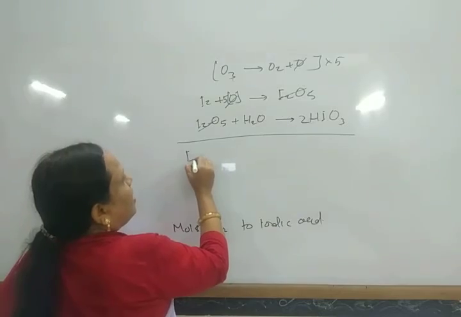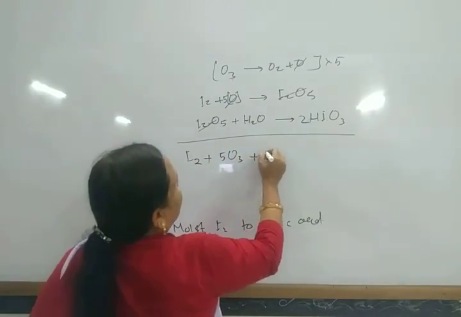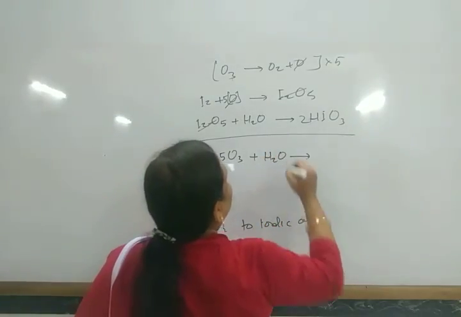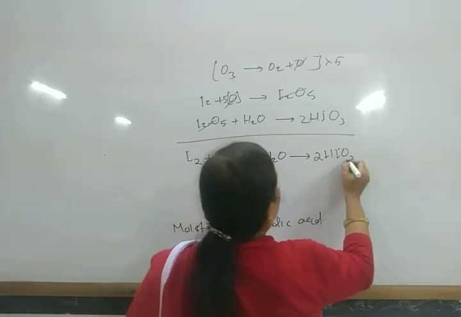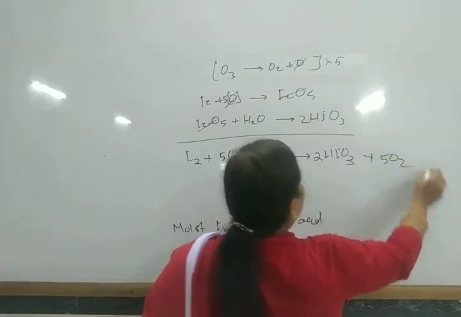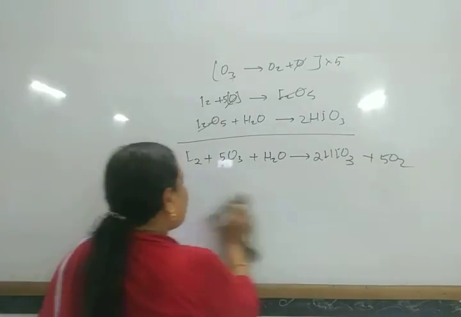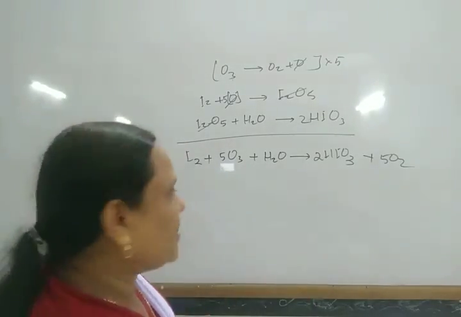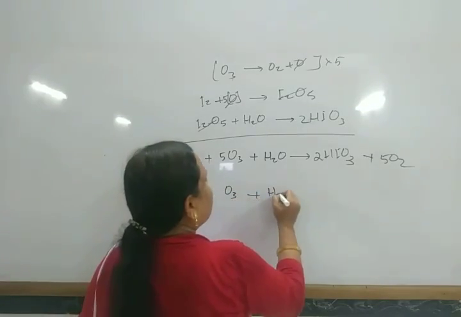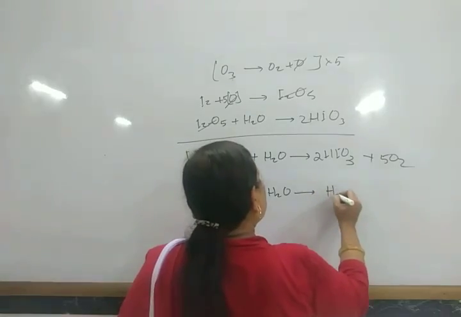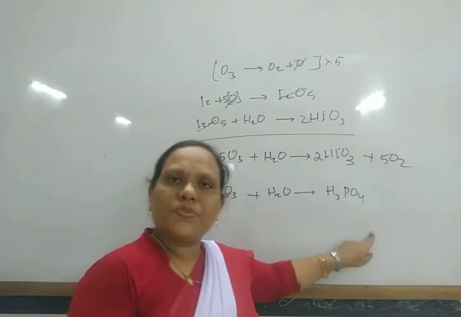So I2 plus 5O3 plus H2O give rise to 2HIO3 plus 5O2. In the same way, it oxidizes phosphorus to phosphoric acid. So P4 plus O3 plus H2O gives rise to H3PO4, phosphorus to phosphoric acid.